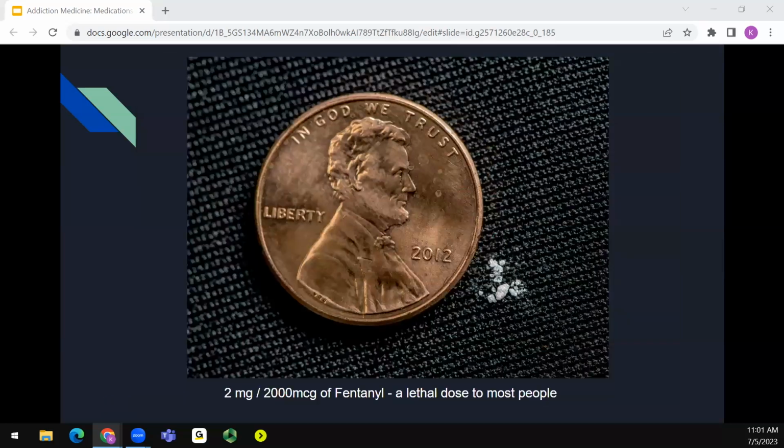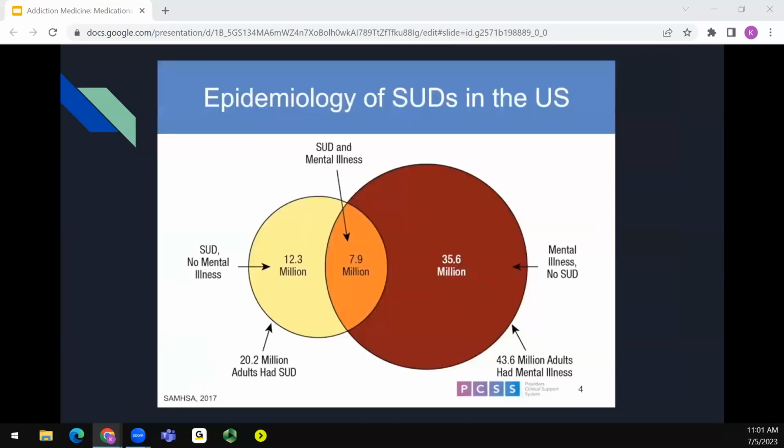Here's a very telling photo showing how tiny the 2 milligram amount of fentanyl is that's required for a lethal dose for most people. And so that can really be laced into really anything in the community and can cause a lethal overdose that can present to the emergency room.